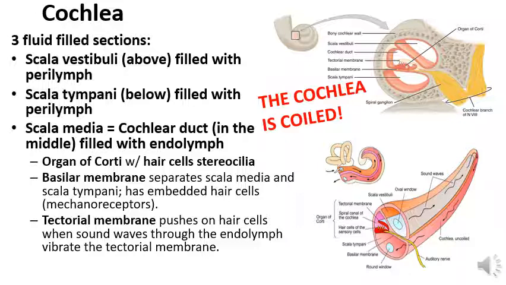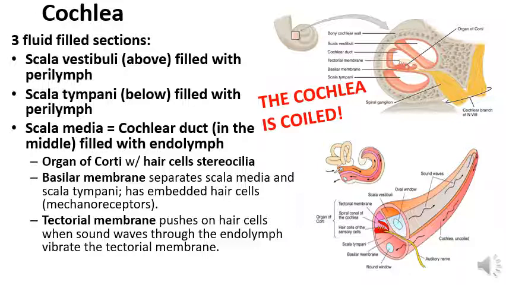So the fact of the matter is, when these sound waves travel through the perilymph of the scala vestibuli and the perilymph of the scala tympani, the tectorial membrane is going to vibrate, the basilar membrane is going to vibrate, the hair cells are going to vibrate. And that's going to cause deformations in those teeny tiny little stereocilia, because the stereocilia are connected ultimately to the tectorial membrane.